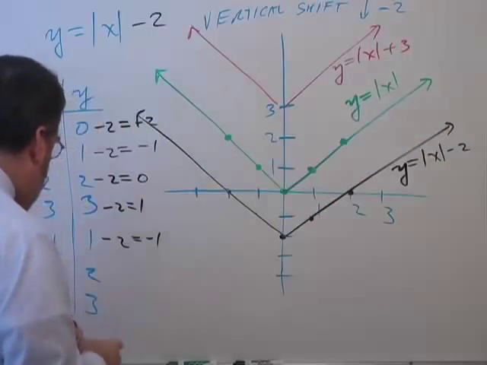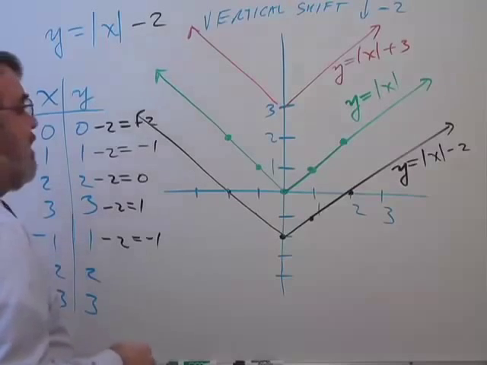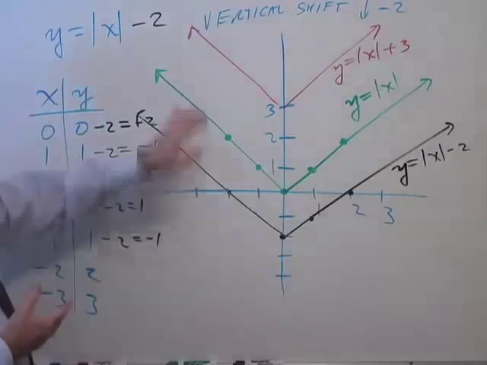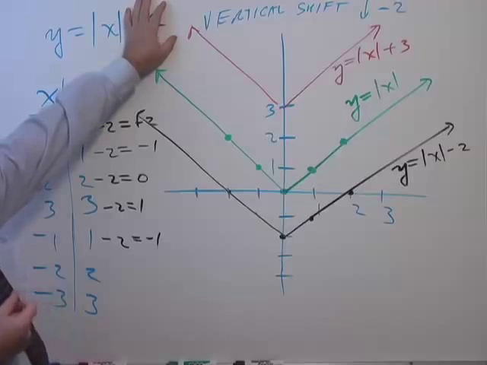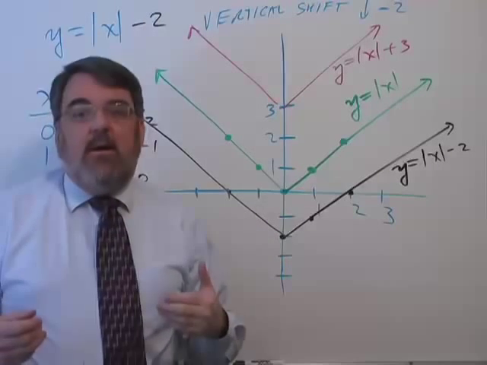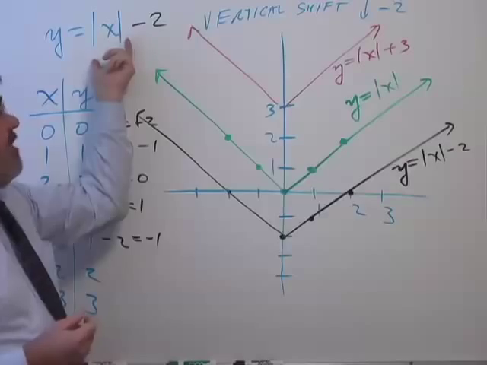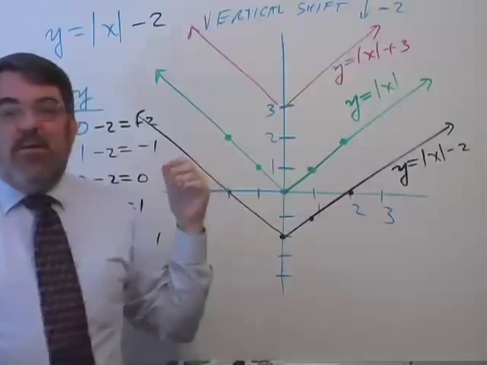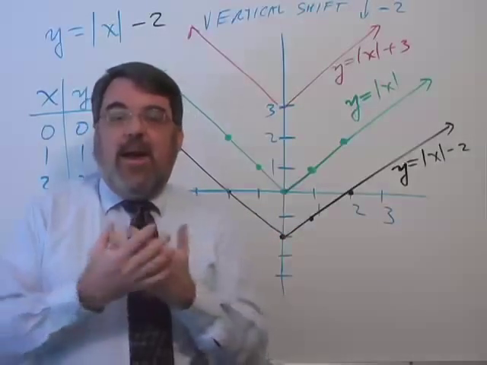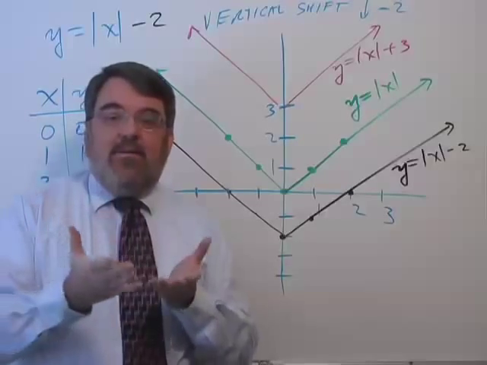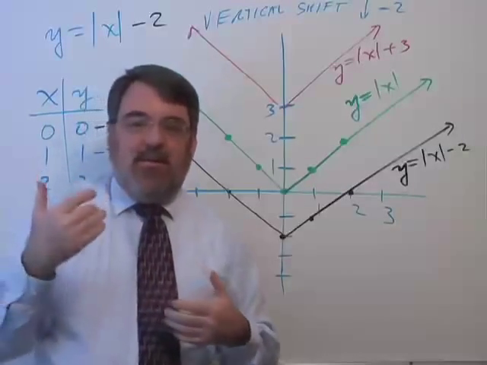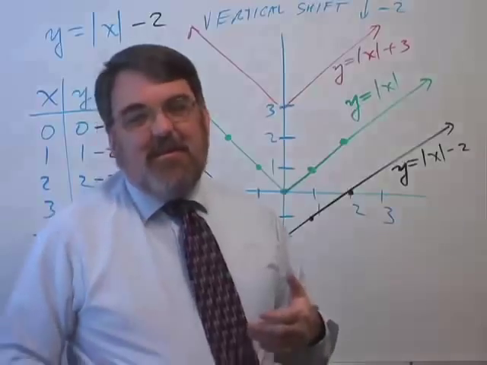There we go. Alright, well, I hope that looks kind of intuitive, because the original function, the base function, is absolute value of x. And this function on the right describes the output, it describes y values. So if I add numbers to y values, they increase. If I subtract positive numbers, it's going to decrease.